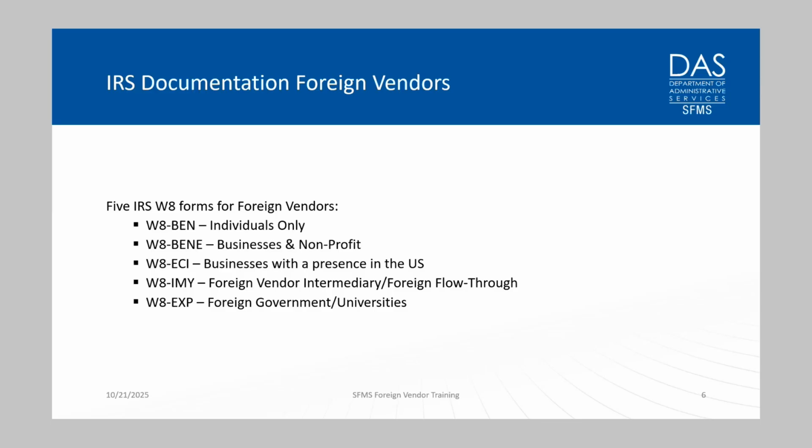Foreign vendors, however, have 5 different forms that can be completed. And you need to be very specific because each form is designed for that singular purpose. So a W-8 BEN is for individuals only.